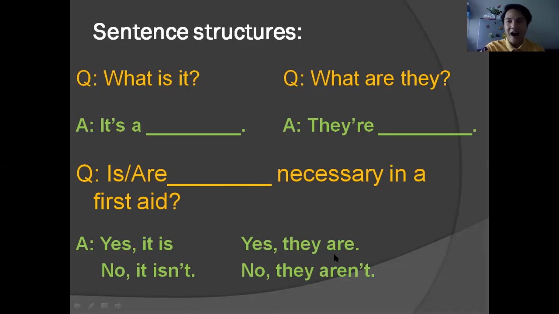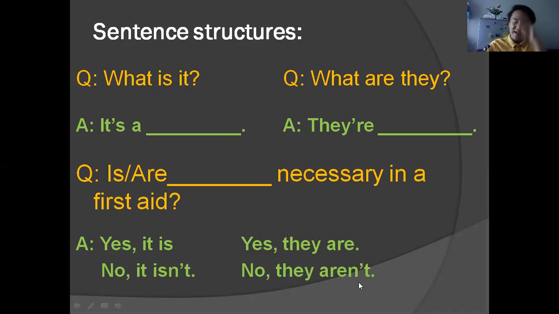Yes, they are. Now, if these flowers are plants, are plants necessary in the first aid? Yes or no? No, they aren't.